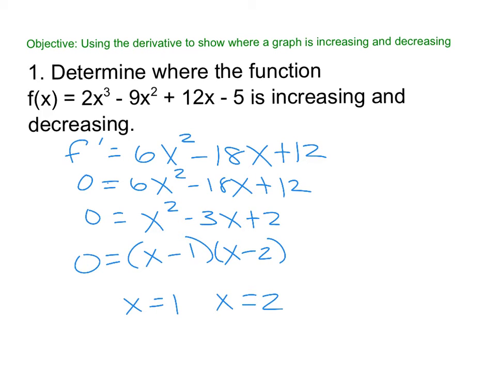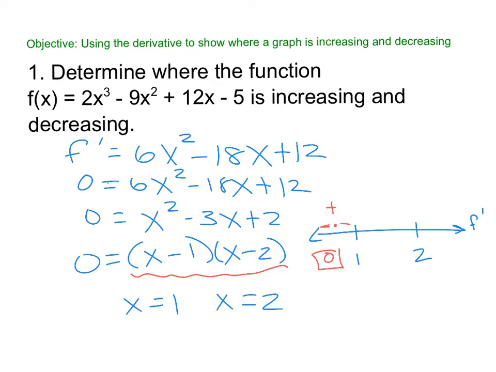So now here's the question. Where is the derivative positive and negative? I'm going to make a number line, and I'm going to put my zeros on there. So this is f prime. I'm just going to plug in numbers on either side. So I'm going to plug in 0. If I plug in 0 into the factored answer, 0 minus 1 is a negative times 0 minus 2 is a negative.